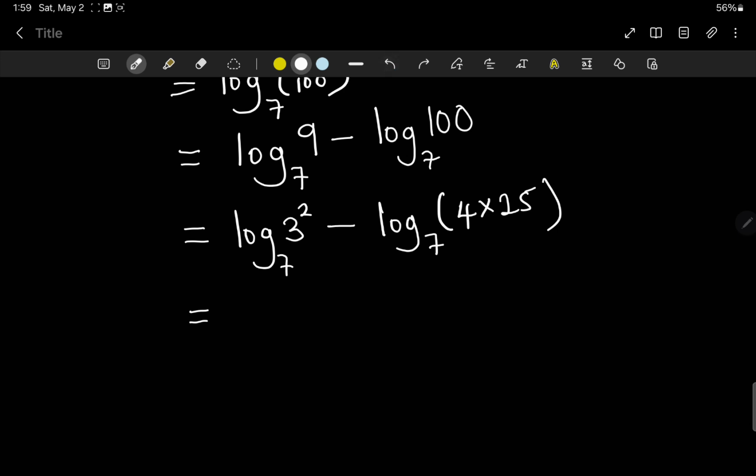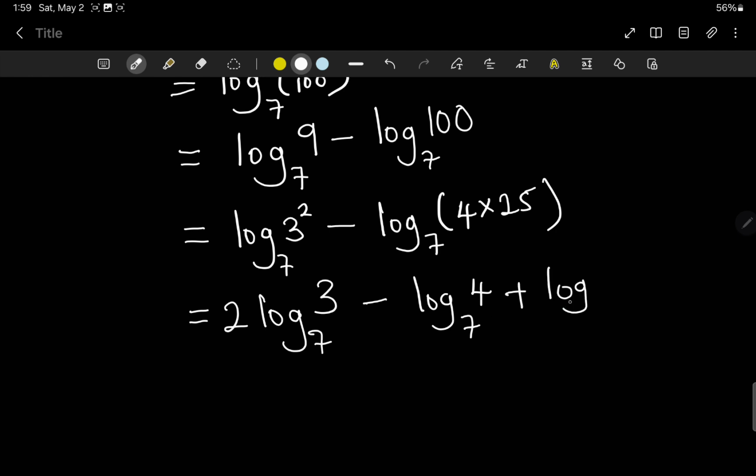So we'll have 2 log 7 3 minus, we expand this, and multiplication becomes addition. So we have log 7 4 plus log 7 25. Let's put it into brackets.